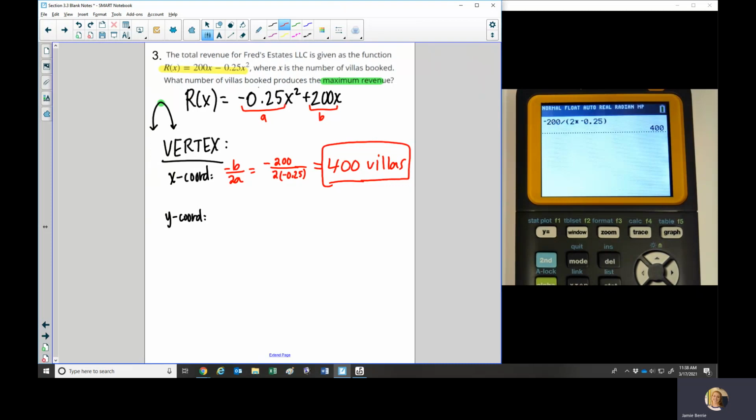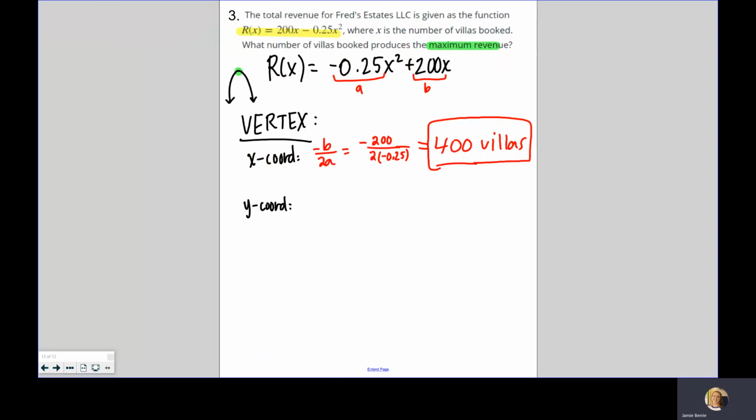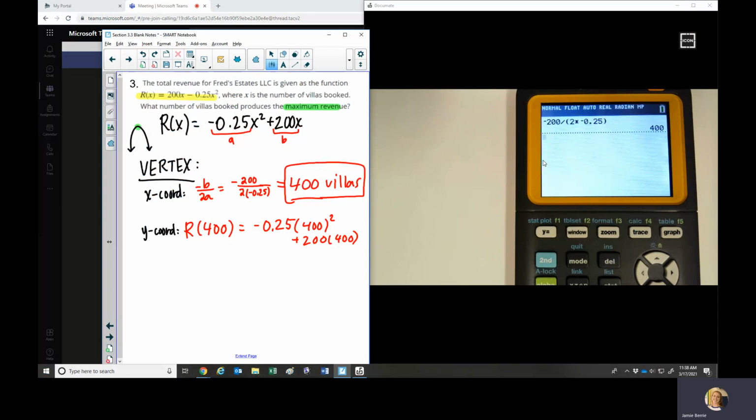But let me just show you how you would find the y coordinate. To find the y coordinate of the vertex, you would just take the number you found for the x coordinate and then plug it into your function. So that's going to be r of 400 equals negative 0.25 times 400 squared plus 200 times 400. All right, so let's plug that in. Negative 0.25 times 400 squared plus 200 times 400.